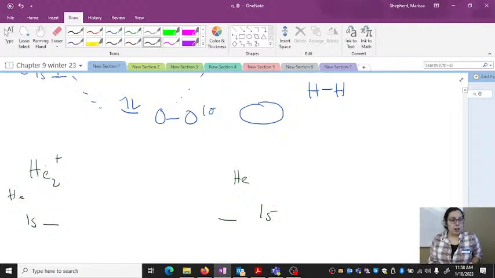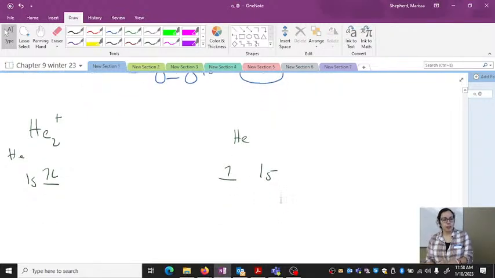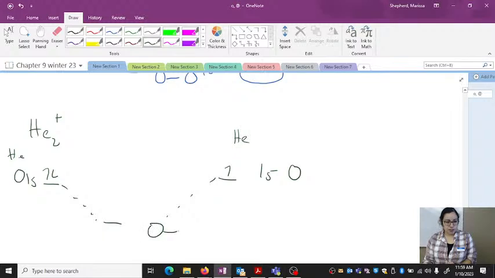Fine. And so each one normally brings 2 to the table, but we have a plus charge, so I'll just put 2 here, 1 on the other side. And I'll draw my circles. And so again, now we'll put our in-phase combination, so our 1s bonding.